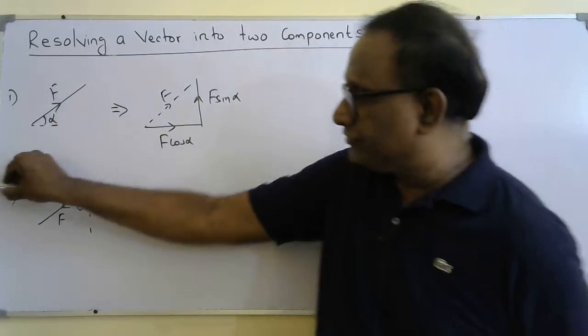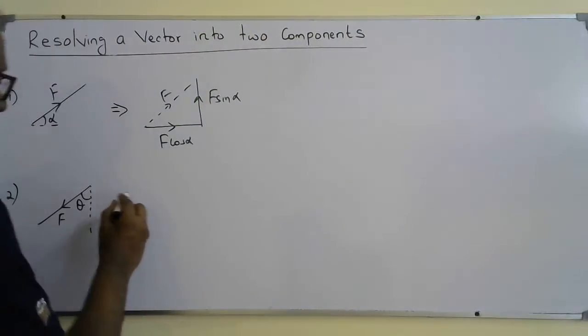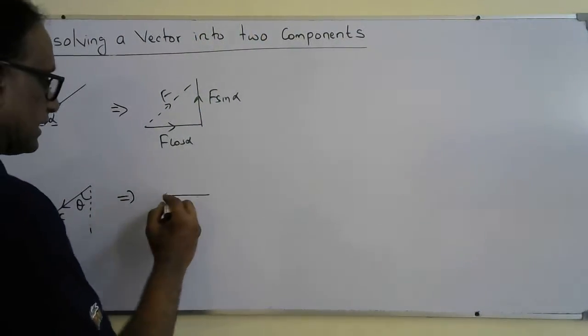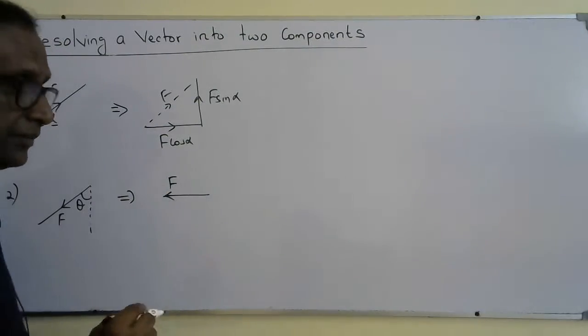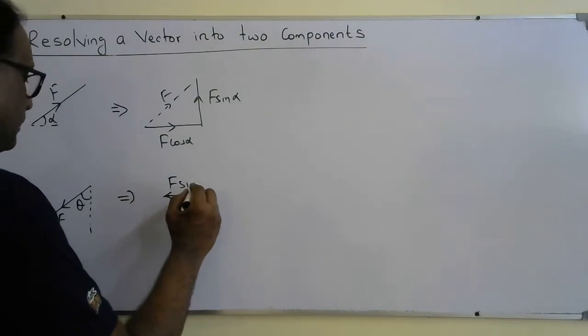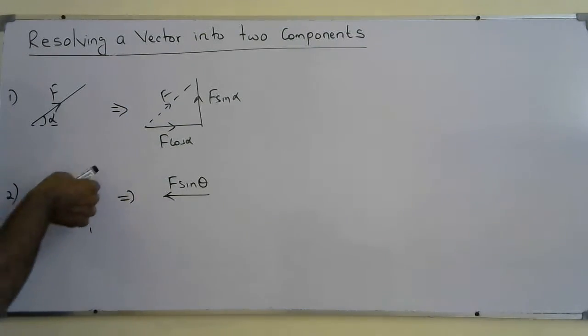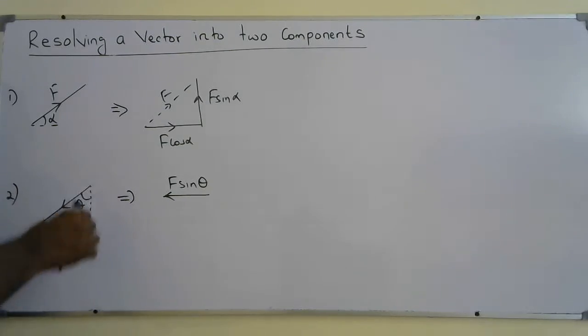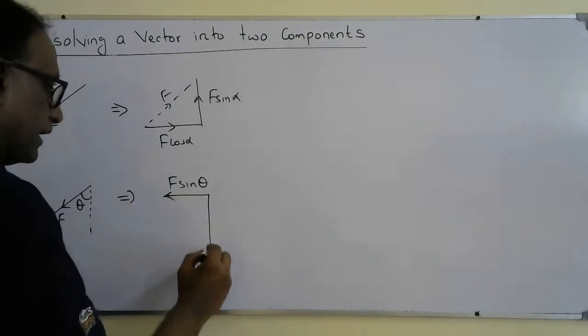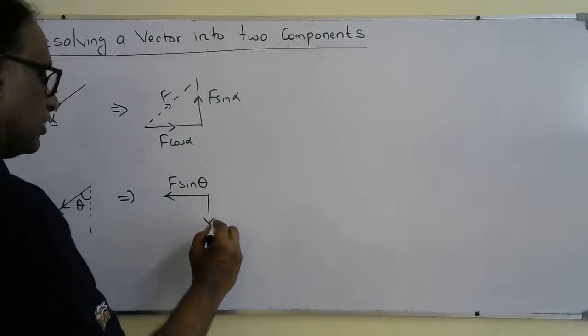It points to the left, so the horizontal component is in this direction. To get the vertical component, I should close it through the angle. Close means cos, so F cos theta.